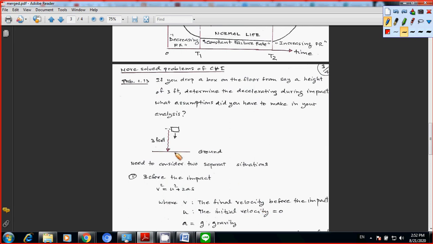You start dropping your box 3 feet above the ground, so your initial velocity is 0. A is the gravity. So you end up with V squared equal to 2gs and V equal to the square root of 2gs.